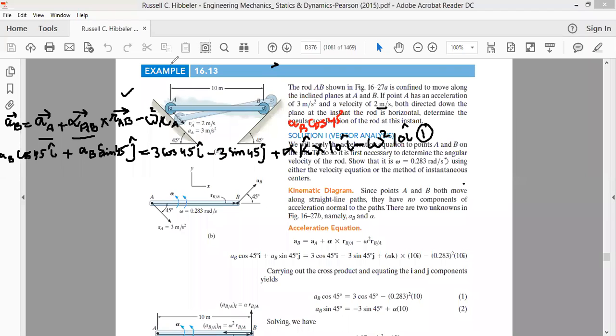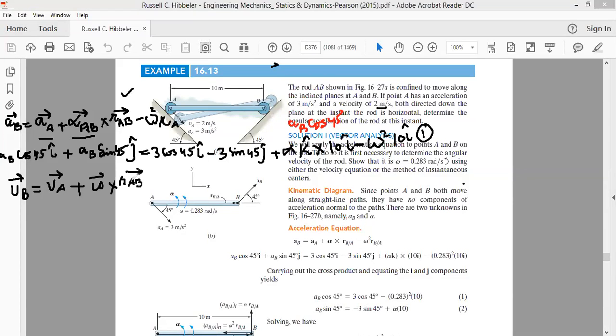Now, write down the velocity equation between point B and point A. We can write directly the velocity of point B is equal to the velocity of point A plus the angular velocity of the rod AB, omega AB, cross the radius vector R_AB. This is the velocity formula for us.